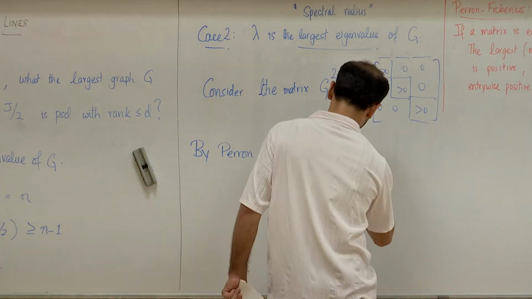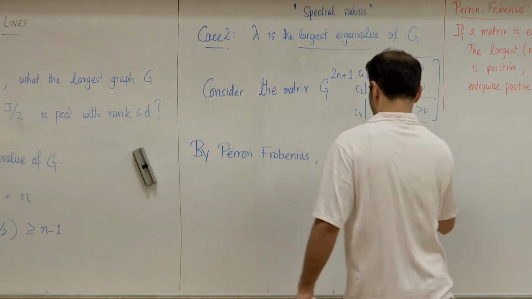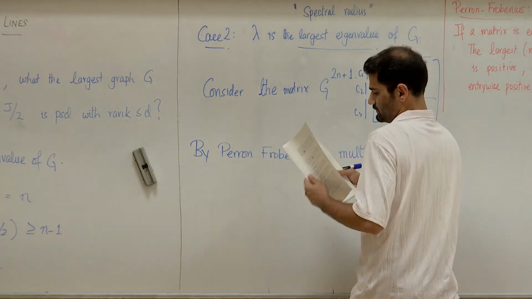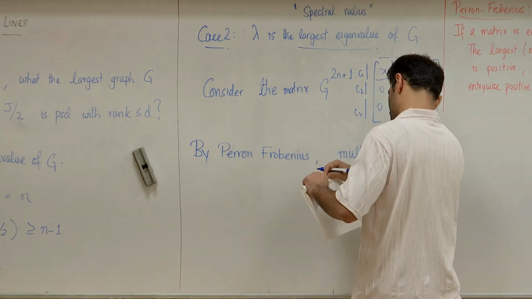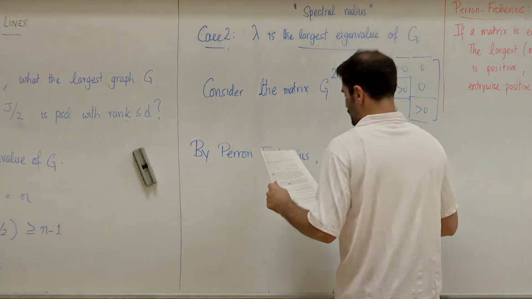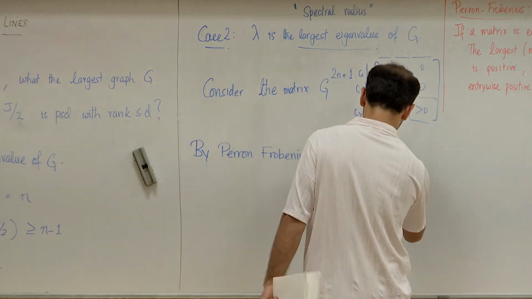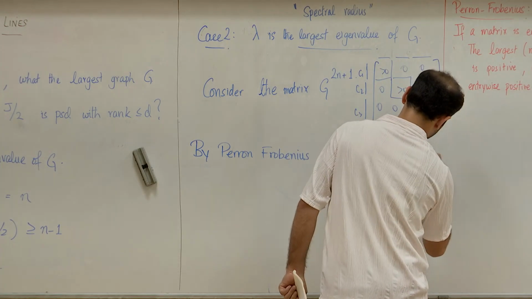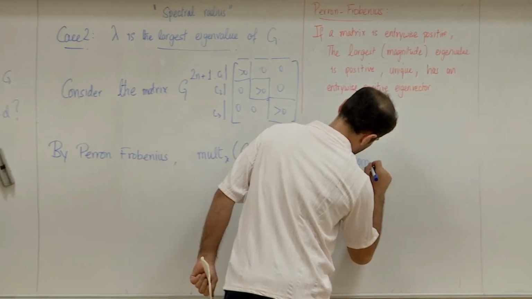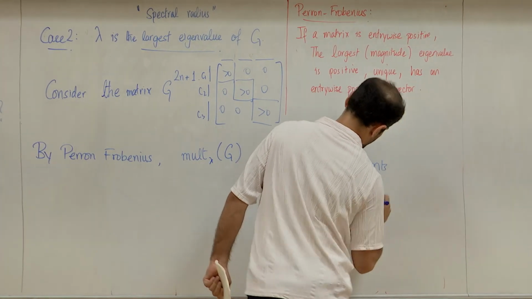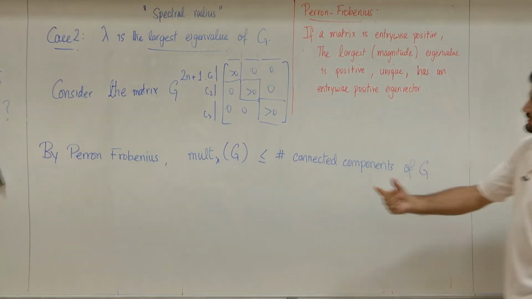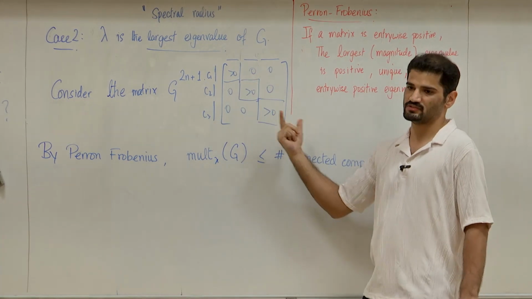we get that the multiplicity, so this is my notation for multiplicity, of lambda in G is at most the number of components of G. Because they are block matrices, so you can also just go block by block.